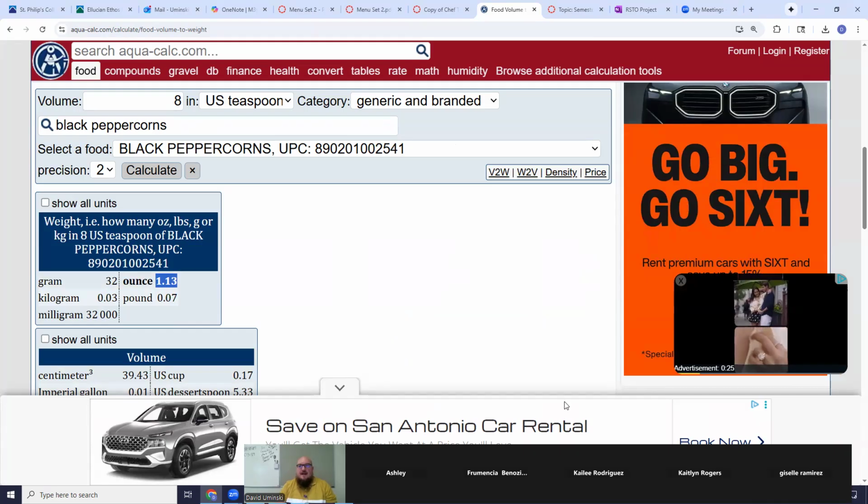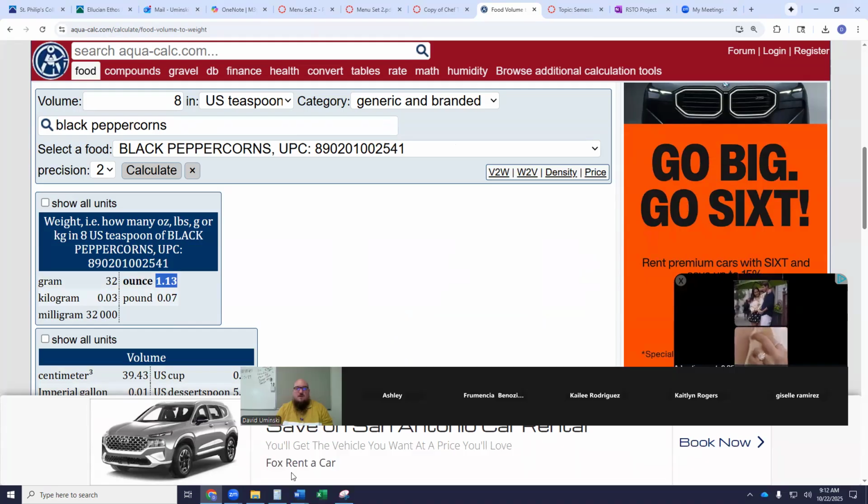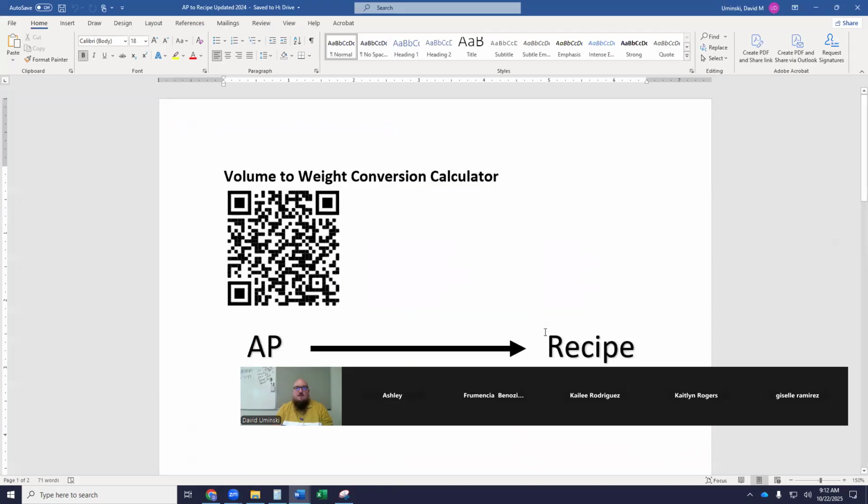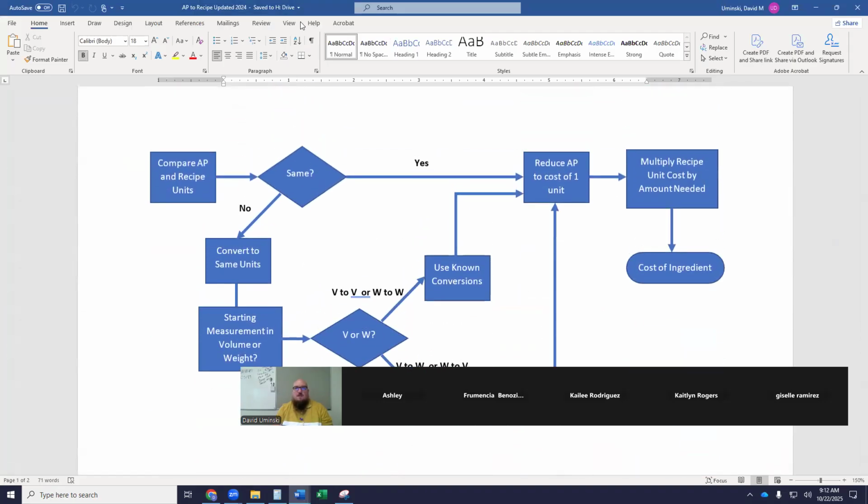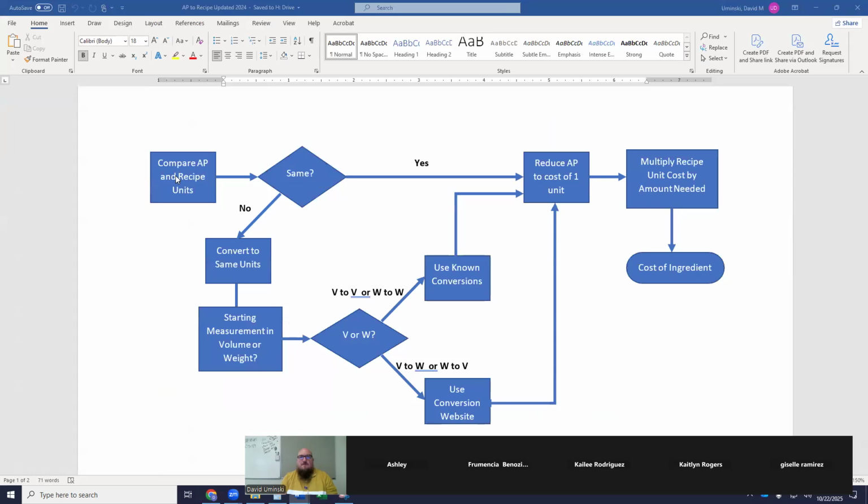And so then if we go back to this right here, we're going to compare the AP and recipe units. So if they're the same, right, ounces and ounces are already the same, then the answer is yes. Then we come over here and we reduce the AP to the cost of 1 unit.